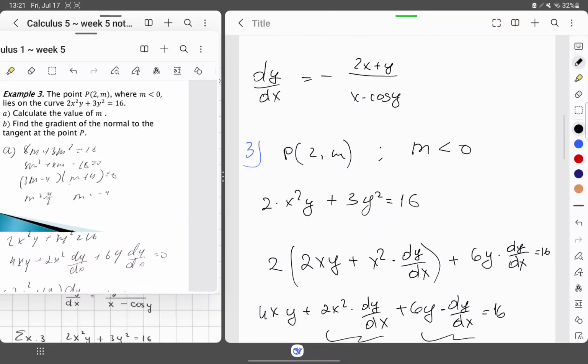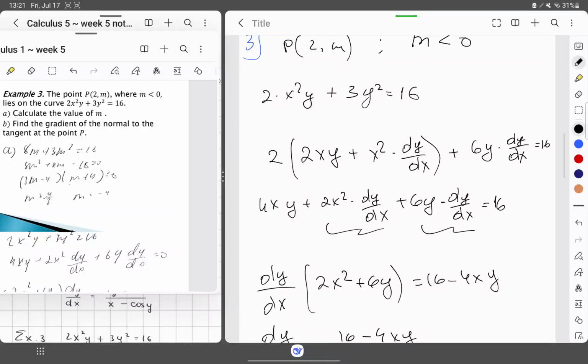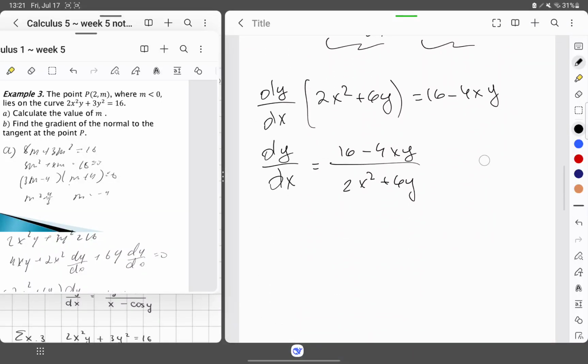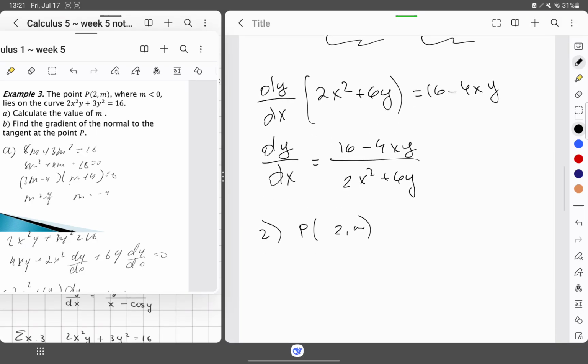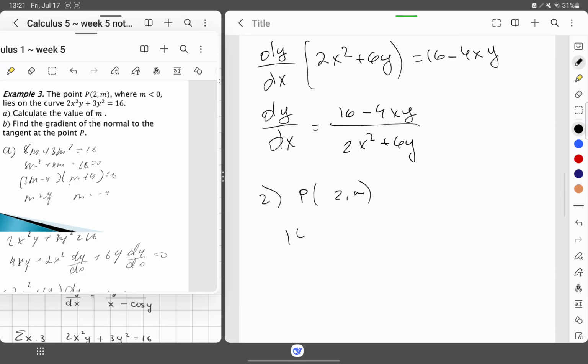Let's plug in the point P, that will be (2, m). So we need to plug in 16 minus 4 times x, which is 2, times m over 2 times 4 plus 6m. That will be dy over dx.